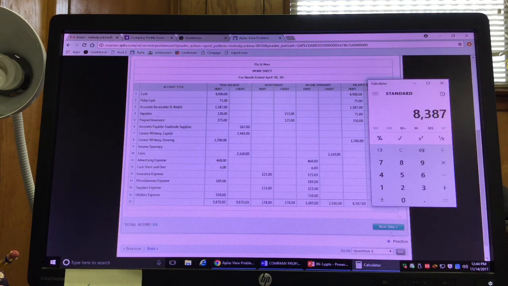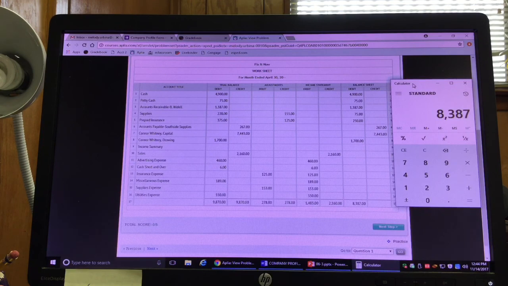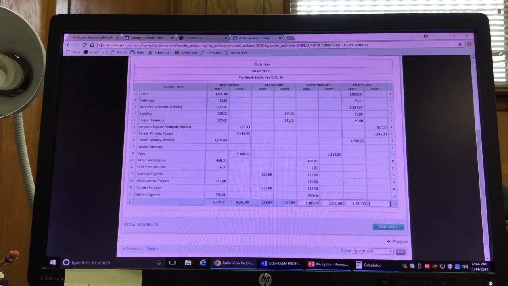And last, we're going to add the credit column. 267 plus 7,443 is 7,710.